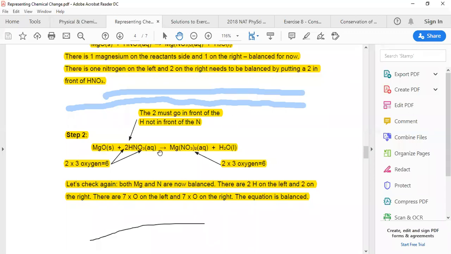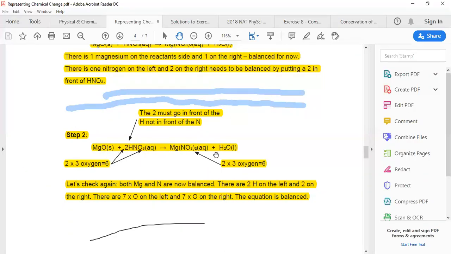Then after that, you check your hydrogens. The hydrogen here is going to be 2, and this side is also 2. So hydrogen is balanced. Then you go for oxygen. Oxygen, here you've got 1, and here you've got 2 times 3, which is 6. So 6 plus 1 makes it 7, right?